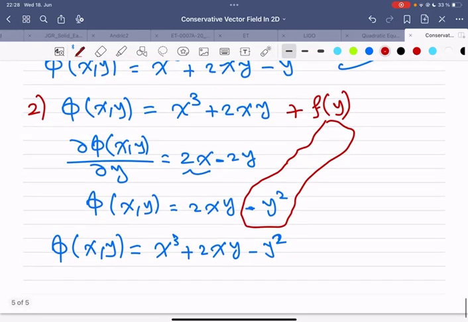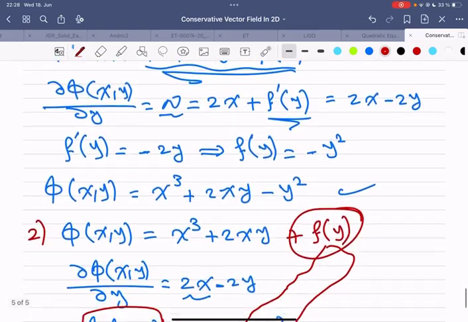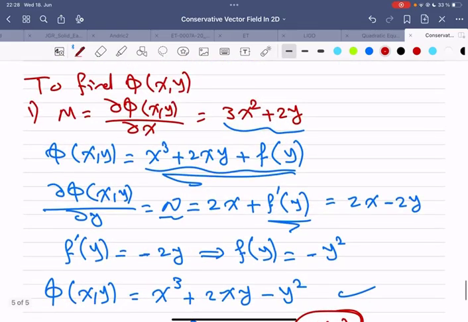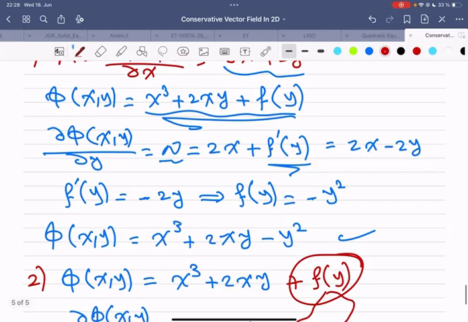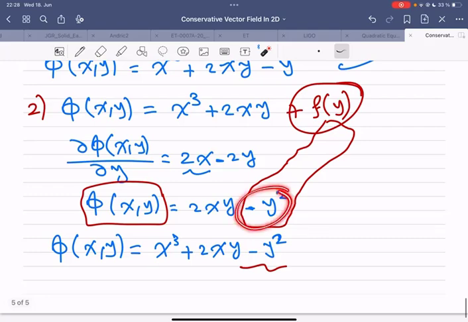So whether you include it here or not, it doesn't matter, because you will get it when you integrate n according to y. I think now it's clear. So the two methods are the same, but as I told you, instead of putting f y here, it will appear here, and then you take the union.